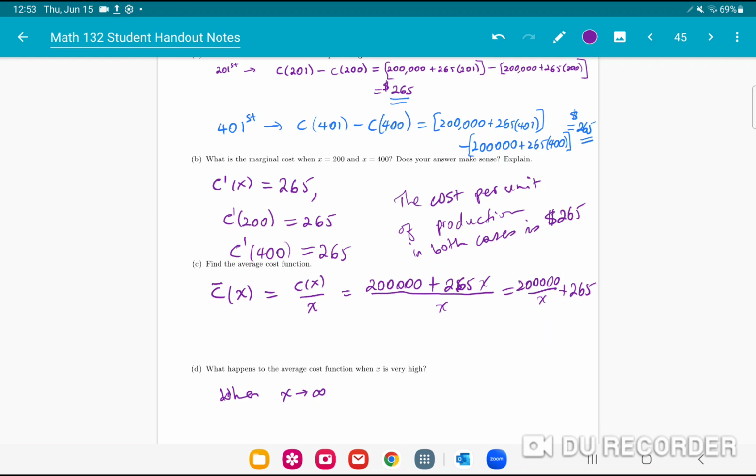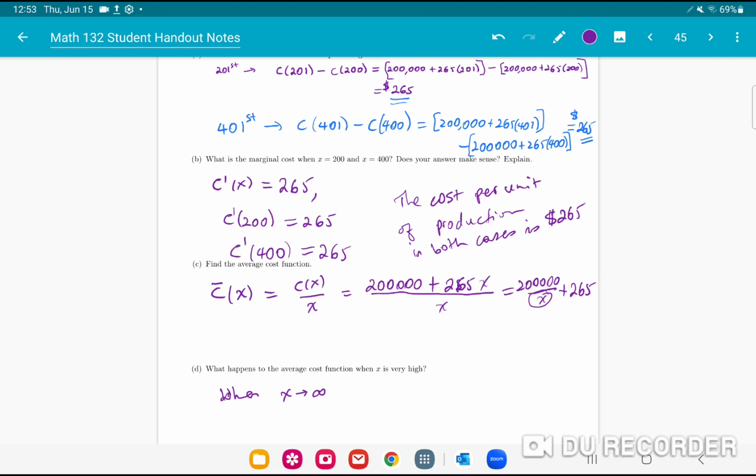So what happens here is, if you're producing, say, 100,000 units, on average, your cost is 265 plus $2, so 267 on average, because you have 100,000 units produced, you pay 200,000 plus 265 times 100,000.